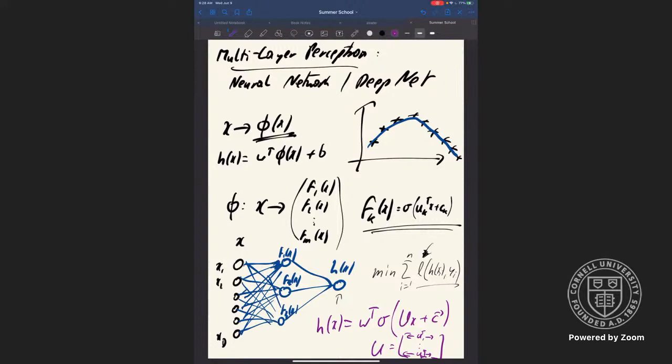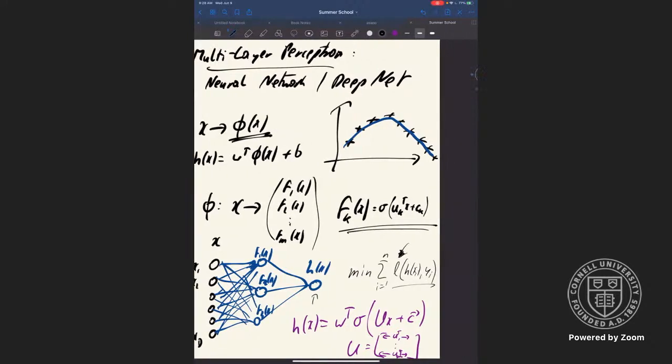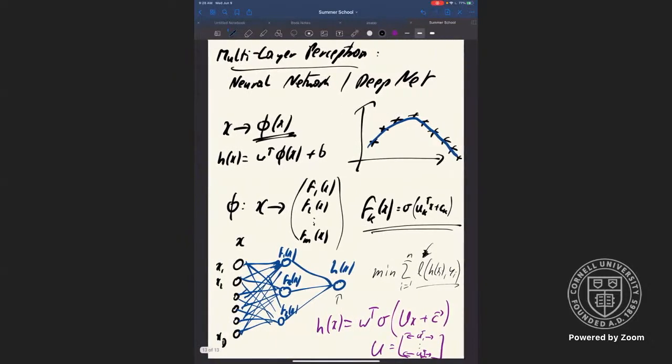Okay, maybe I can write it one more time as a sum. So what we get is h of x equals the sum over k, wk sigmoid of uk transpose x plus ck, plus b.